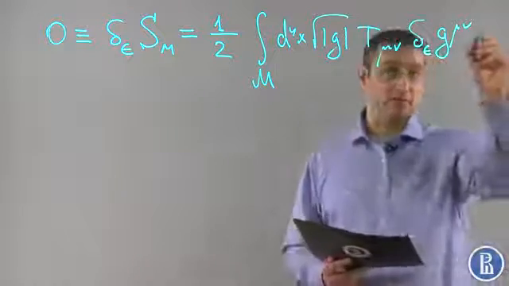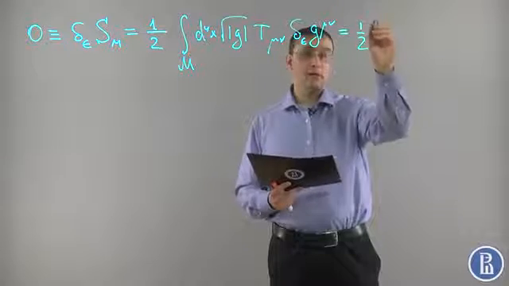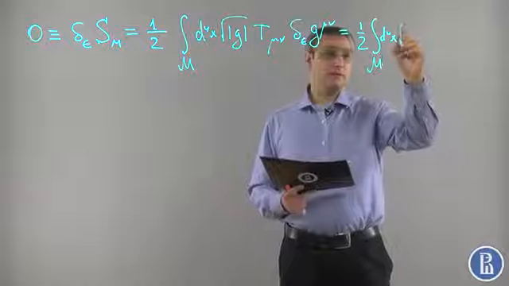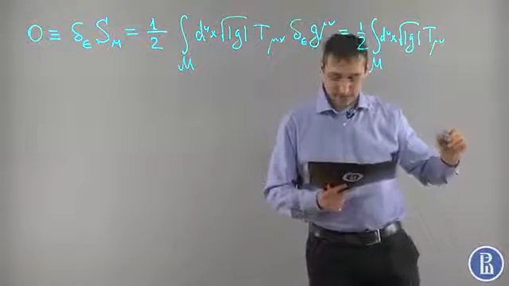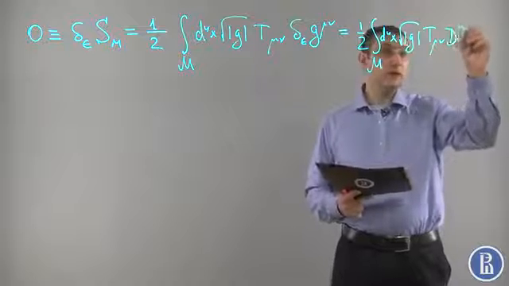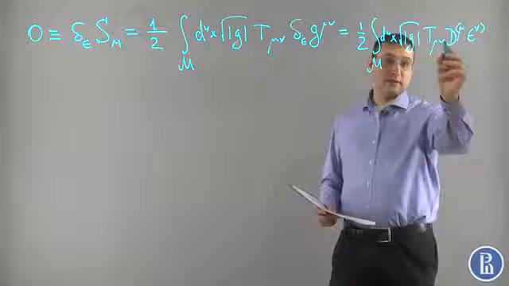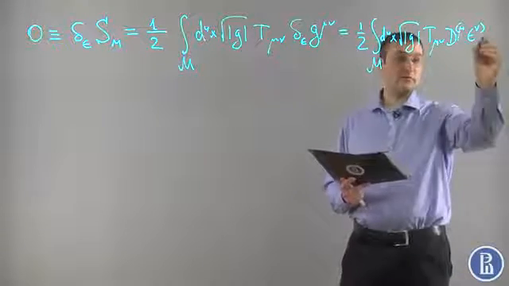These we have found. So this is nothing but 1/2 integral over d4x square root of g t mu nu times d mu epsilon nu symmetrized.